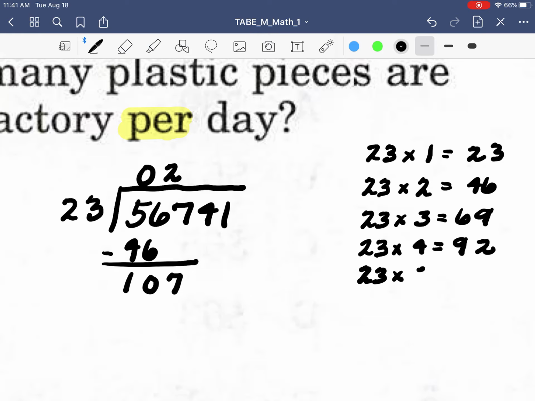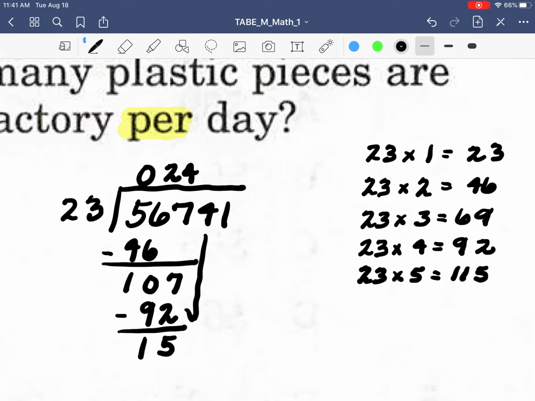So I do need to go another time here. That's 115, so that's too much. So we're going to go with 4, which is 92, and subtract, and bring down the 4. Let's try 23 times 6. We need to be sure. Yep.